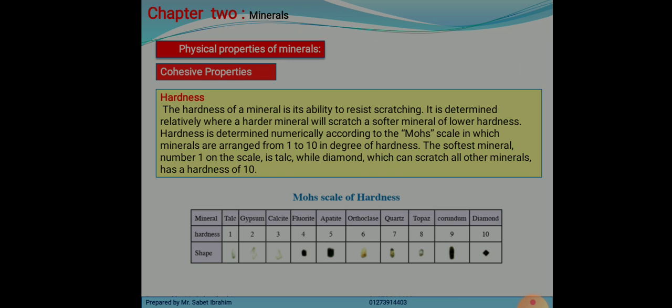It is determined relatively, where a harder mineral will scratch a softer mineral.